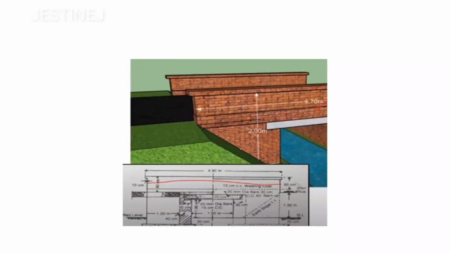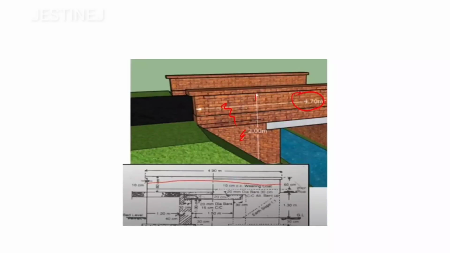Now our aim is to calculate the quantity of plastering required for this brick masonry. Okay, so how much amount is required for this brick masonry construction? If you observe, for easiness, we are considering this much portion, this total length is going to be 4.7.